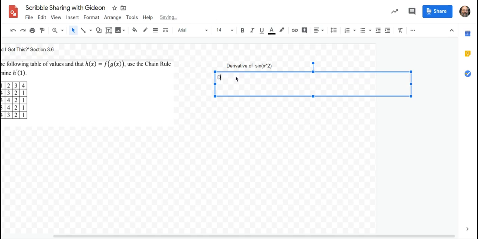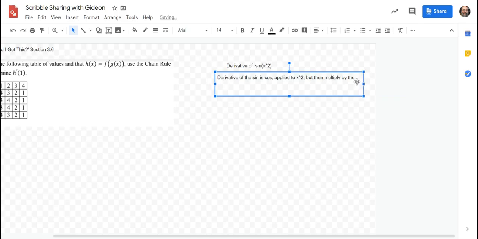You take the derivative of the sine, which is cosine. You apply it to x squared. You don't change the thing on the inside. You change the outside. Sine became cosine because you took the derivative of sine. You apply it to the x squared, but then multiply by the chain term.